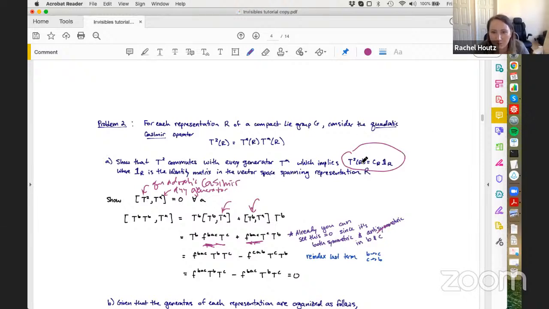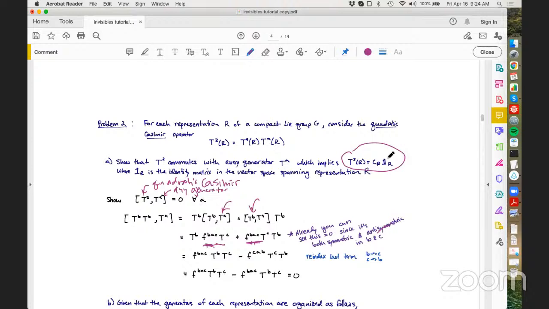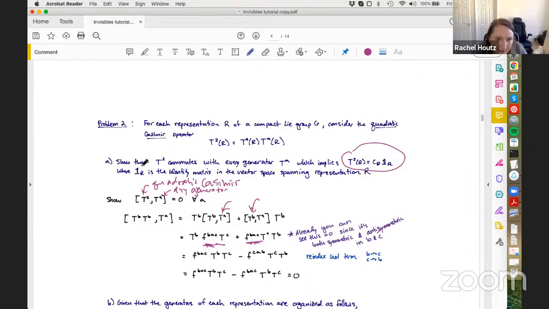So that means we know that T squared is some number times the identity. Yeah. So once you prove that they commute, then you prove directly that T squared is proportional to the identity. Exactly. Yeah. I guess it depends on how you want to read the question. I was reading it as show that this commutes with every generator, and then a fun fact is that this is implied. But if you want one extra sentence, then proves both are true at the same time.